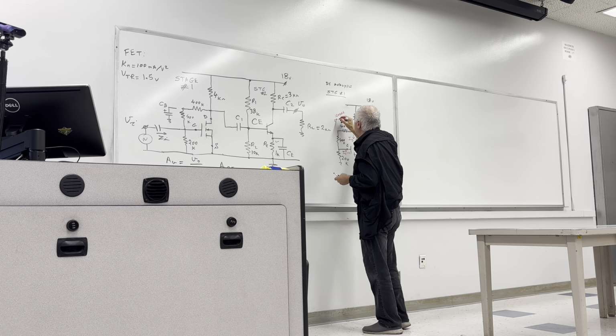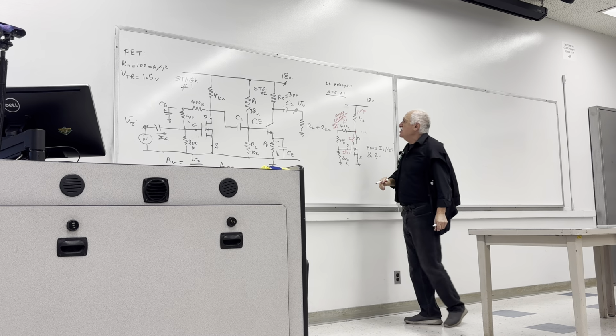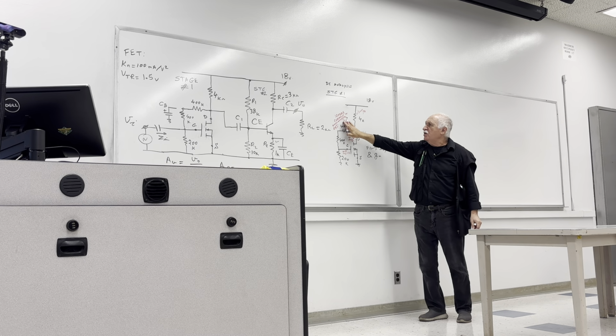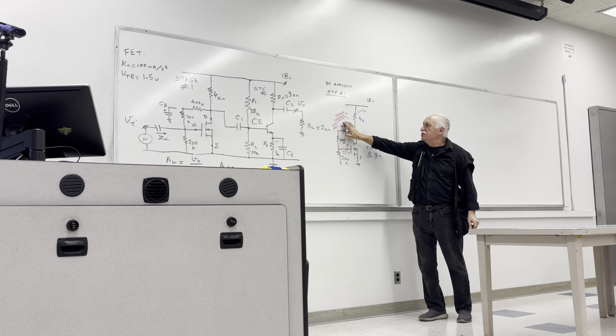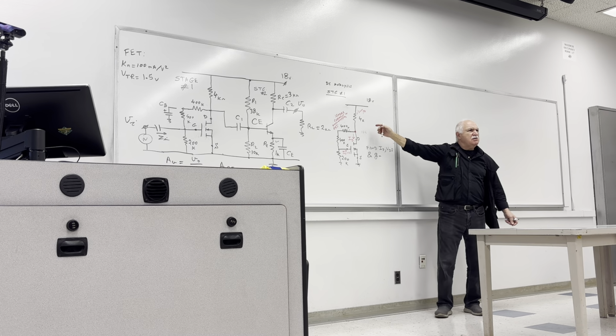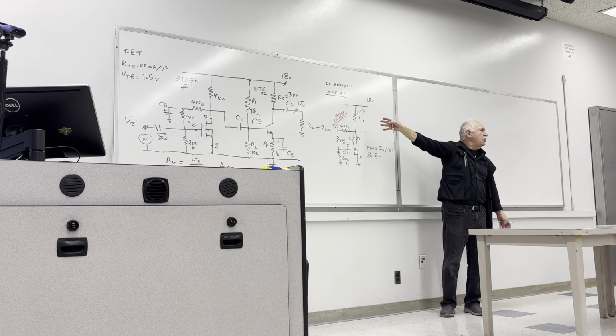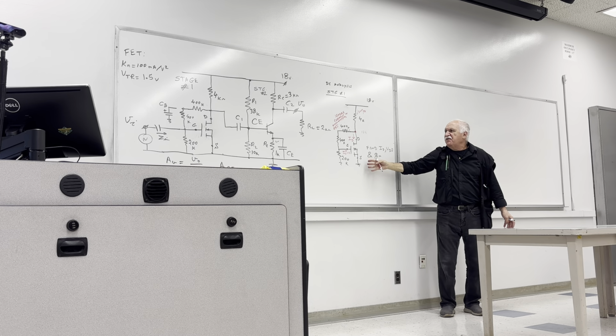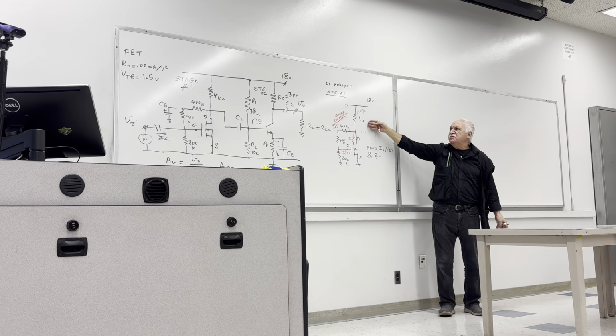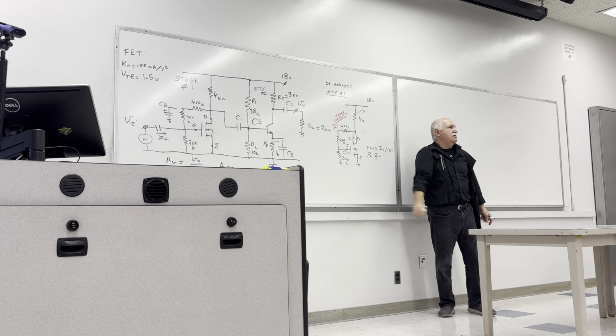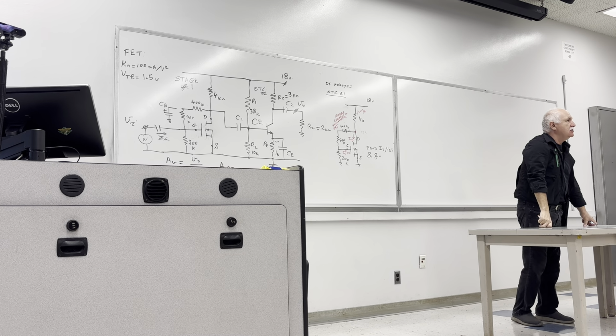Ignore current in the 400 plus 400 plus 200K resistors. This is a reasonable assumption. Remember, you're ignoring compared to what? This is your reference, that it is something in the order of milliamps. We know that, because voltage can be maybe 5 volt, maybe 15 volt, but it is in the milliamps compared to the 10 microamp. So it's a reasonable assumption.